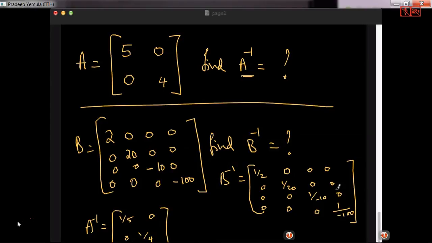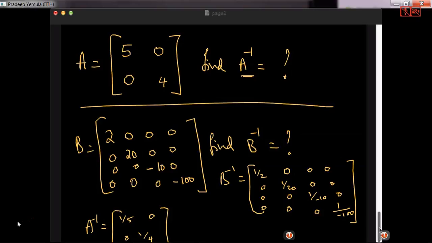So you can just verify. In fact, if you multiply B into B inverse, 2 into 1 by 2 will be 1, and all other terms will be 0, and then 20 into 1 by 20 will be again 1, and so on. So you get an identity matrix just by multiplying these two. So from that itself you can tell, it's very easy to invert a matrix.